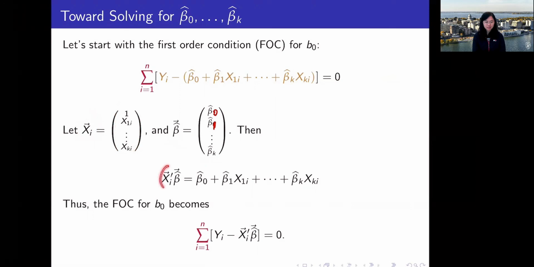It can be written as x vector prime times beta hat vector. And therefore, this first order condition becomes the sum of yi minus this inner product equals 0. Because this is the inner product of these two vectors that we have just defined. So written in vector notation, this equation is much shorter. It's very short.